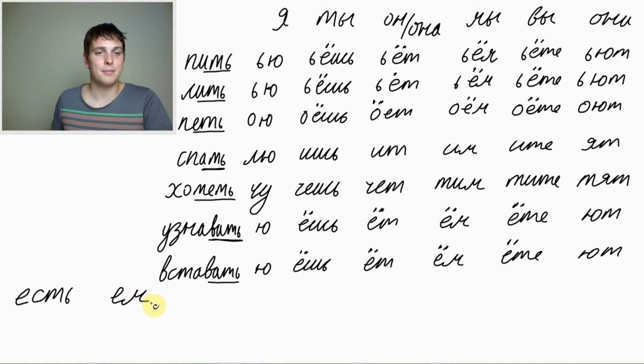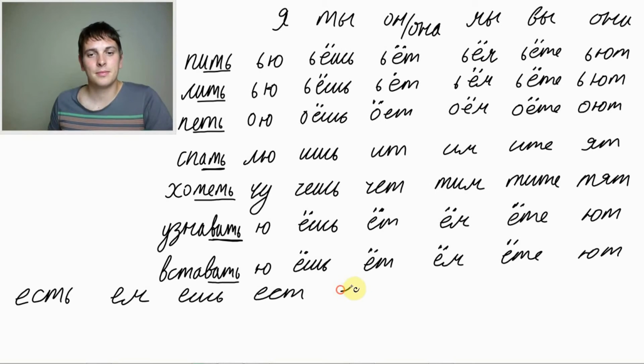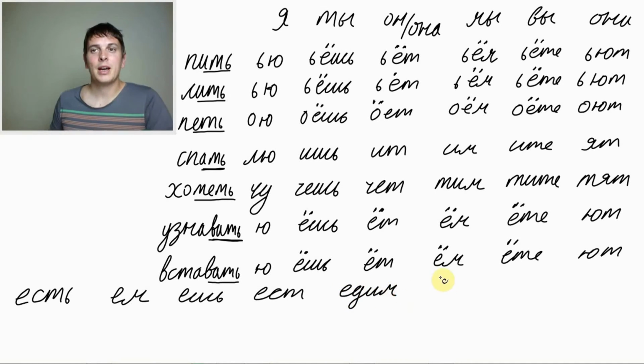So, я ем. You are eating, ты ешь. Ты ешь. Он, она ест. Мы едим. Они едят.